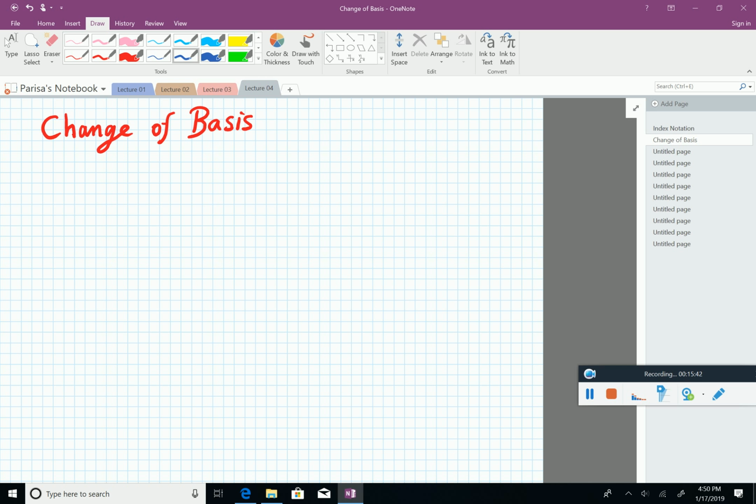So we learned about bases before, and I told you that here pretty much we always use an orthonormal basis. So let's just start with saying that we have a vector u, and now we know how to write it in index notation.